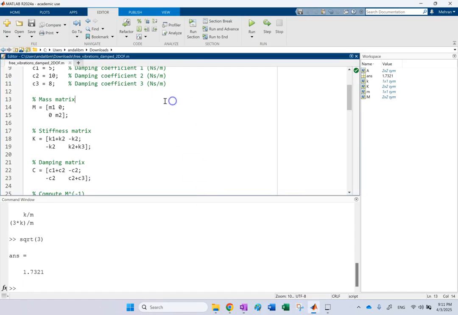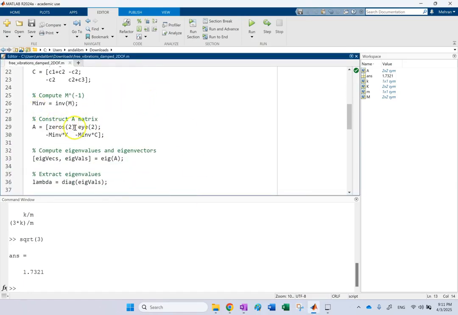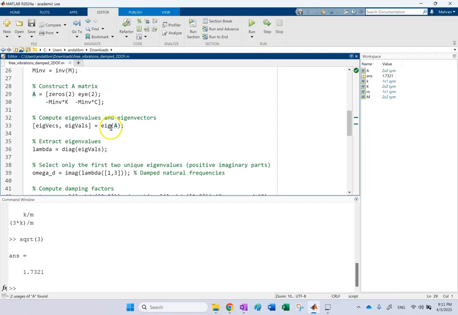So if I go back, look, when I form A, you see a 0, 2 by 2, I 2 by 2, then M inverse K and M inverse times C. So I find the A matrix, then I pass it to the eigenvalue function. It gives me the eigenvalues and eigenvectors. Now, eigenvalues, as I said, could be complex numbers.